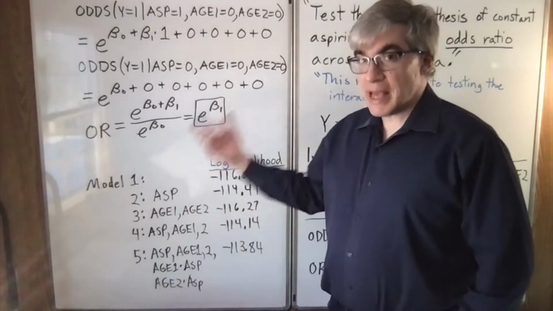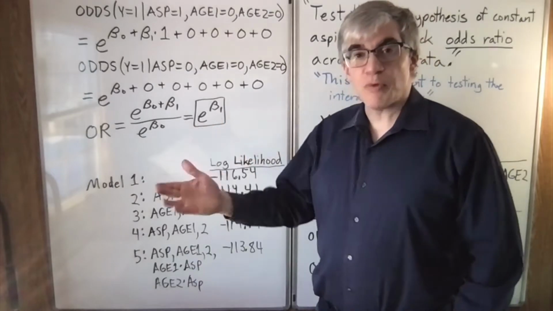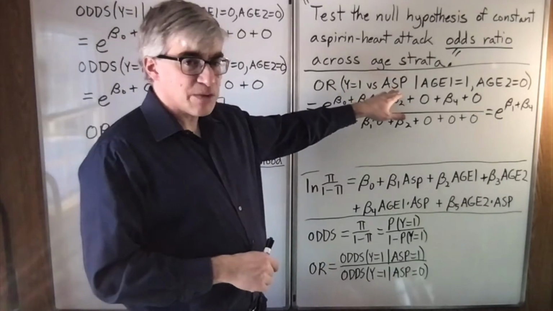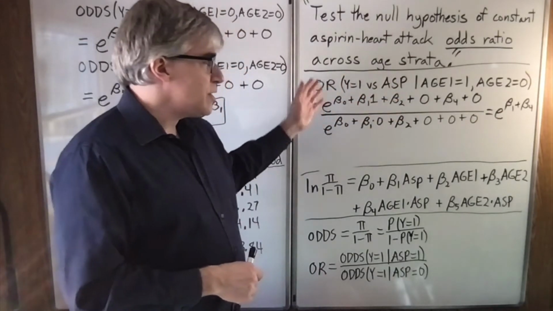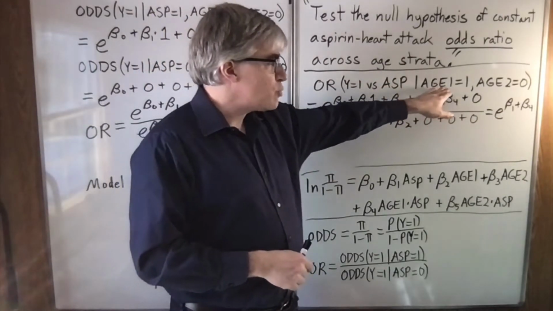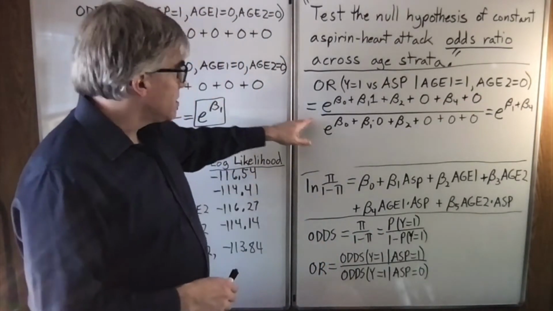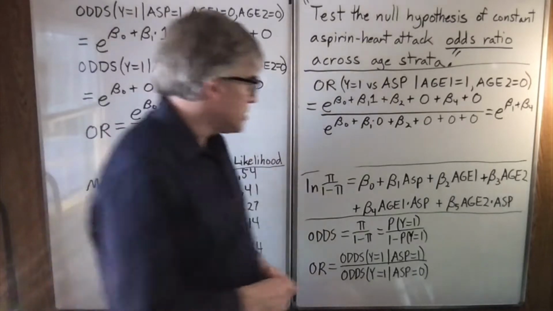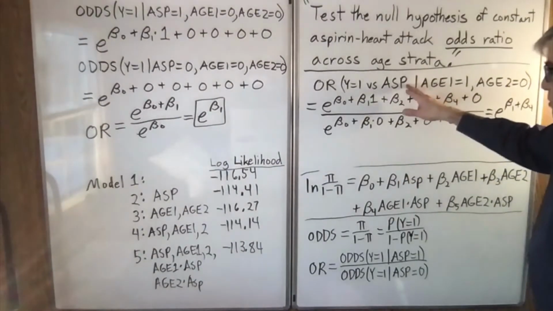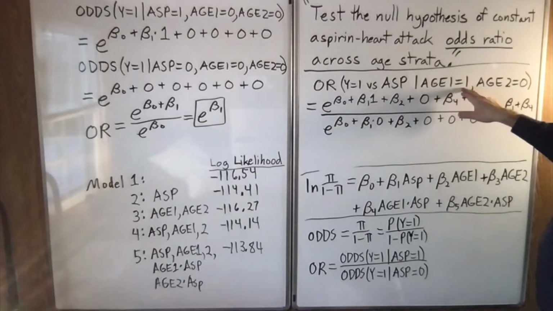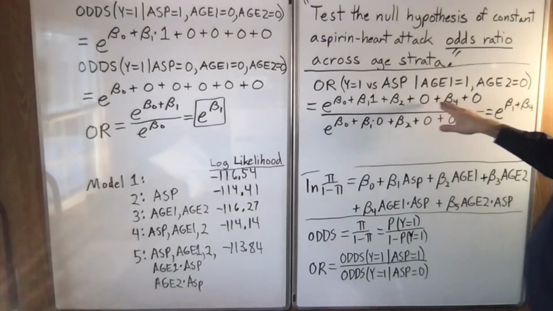What if we did it again, assuming the person was between 40 and 50? The odds ratio for heart attack versus aspirin, if you're in your 40s, age 1 equals 1 and age 2 equals 0, when you plug in e raised to the linear expression, plugging in aspirin equals 1 gives us a beta 1 here, and age 1 gives us the beta 2, and since aspirin and age have a combined term, beta 4 also shows up.